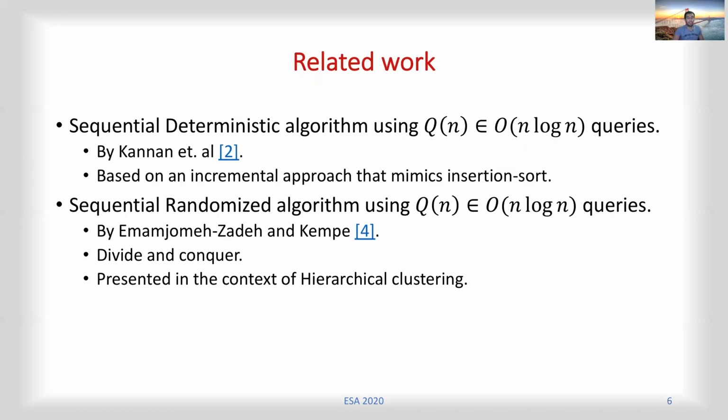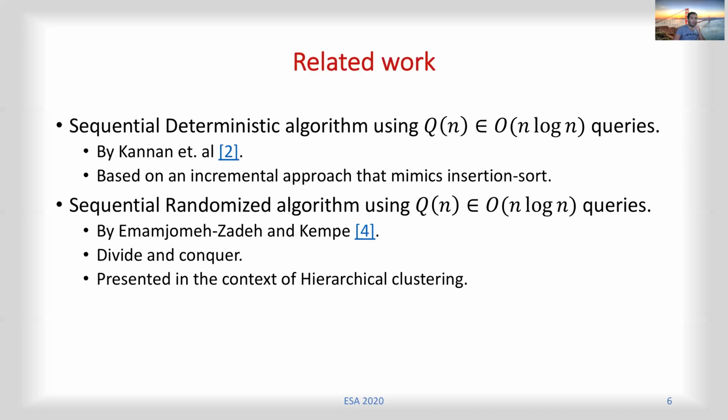The previous work for this problem has focused on sequentially reconstructing biological phylogenetic trees, and the first one is by Cannon et al. They provide a quasi-linear number of queries, and their approach was incremental, reminiscent of insertion sort.